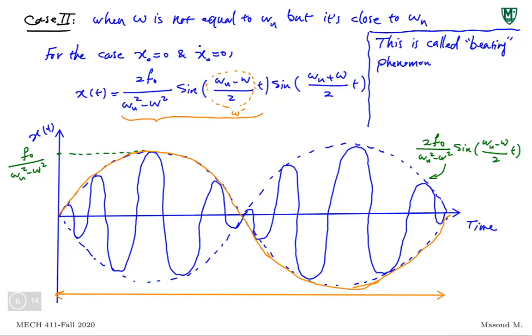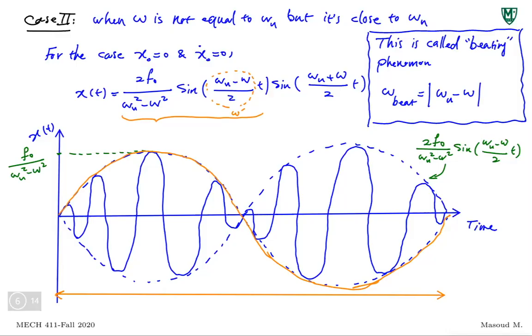Now, we define omega beat. This is just a definition as omega n minus omega. Case 2 is beating. So case 1 was resonance, case 2 is beating.